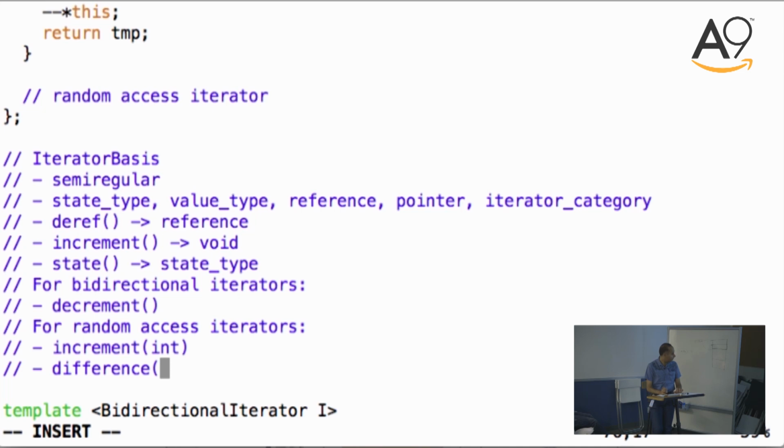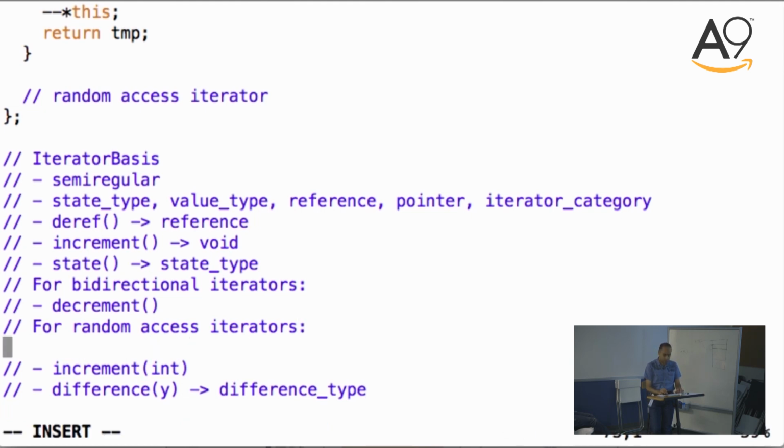All right. So difference takes another basis and gives you the distance to that. So we gain some affiliated types here, right? Because this is going to return difference type, sorry. Which means we need another affiliated type.